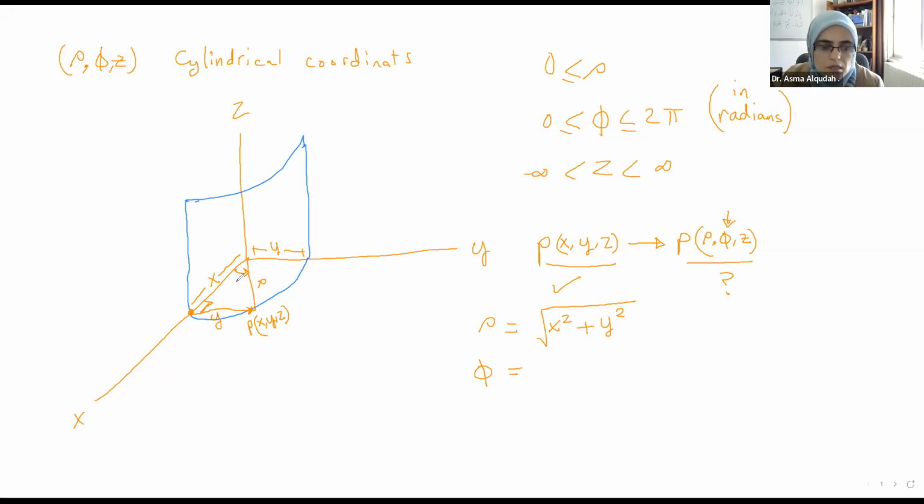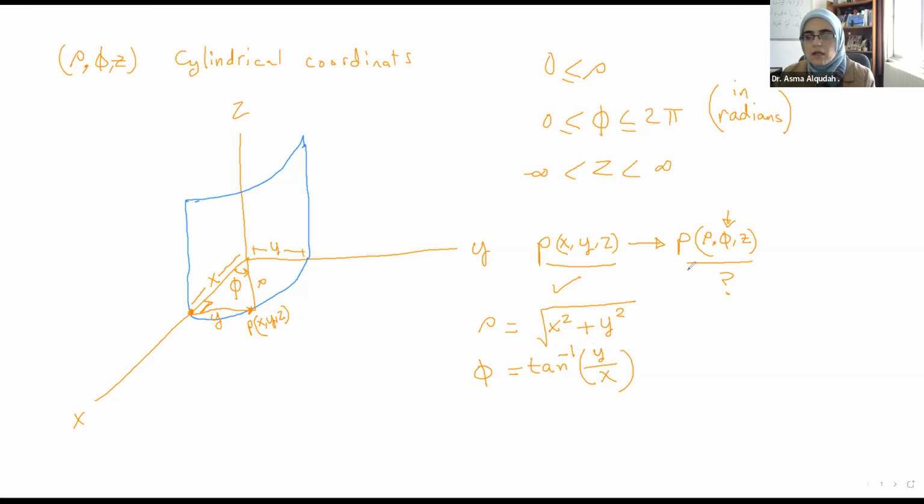Phi is an angle in the same triangle, which involves x, y, and rho. So tan phi is equal to y divided by x. So phi is equal to tan inverse of y divided by x. Okay.